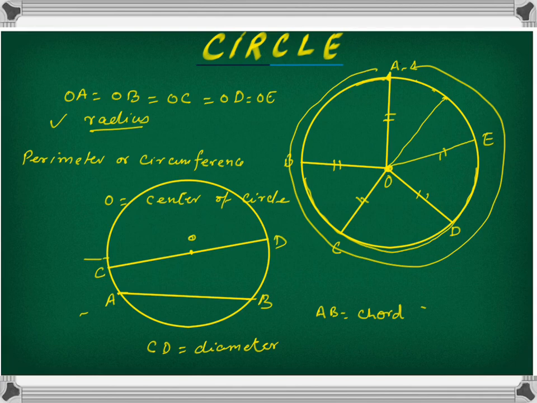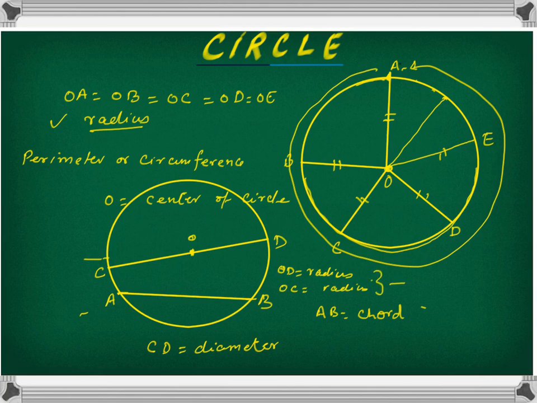An important point here is, if you see that the point O is the center of the circle, we can say OD is the radius, okay, and OC is also a radius. So we know that a radius, if you draw the radius anywhere in the circle, will always be the same.